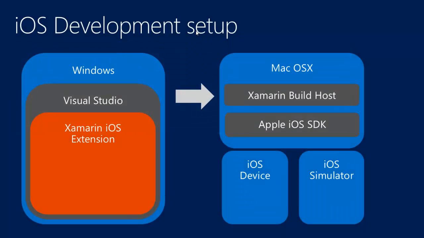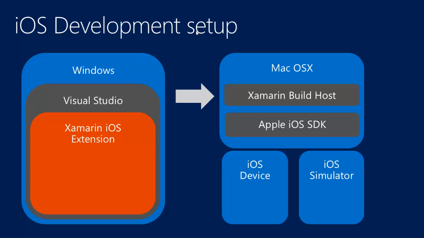For the purposes of iOS development using this setup, this is what our environment looks like. The Windows machine's running Visual Studio 2012, so it has to be professional or above. We're using the Xamarin Business Edition license, so we have the ability to leverage the Xamarin iOS extension for Visual Studio.